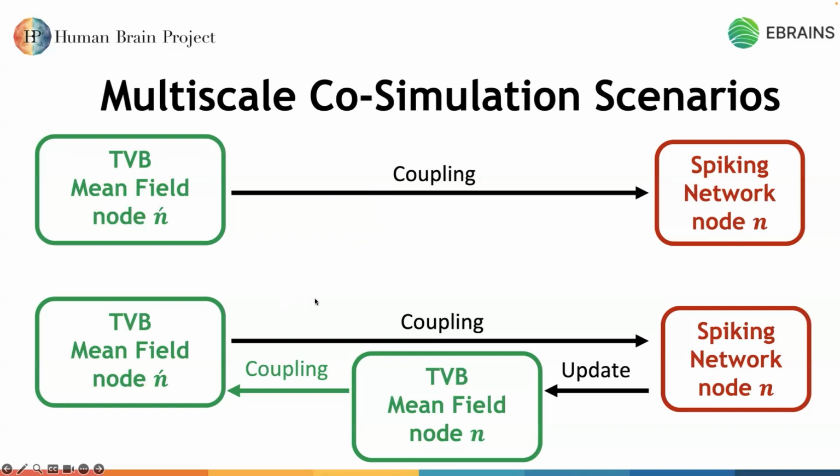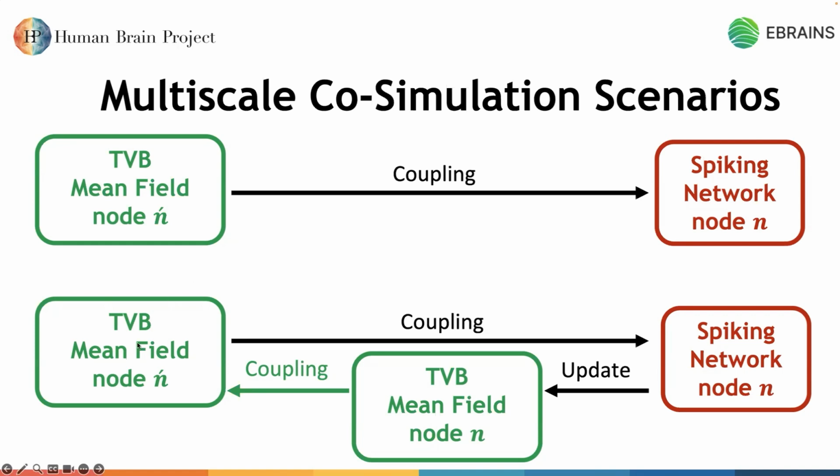But another important thing I need to tell you before we go further is that the two directions are not equal in the way they work. On the one direction, from now on, we're going to denote all regions that are modeled in TVB as mean field models with n prime, as you see here, while when a node is modeled by a spiking network, we will denote it with n.